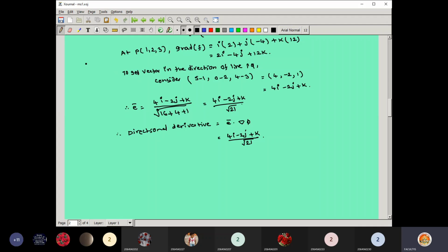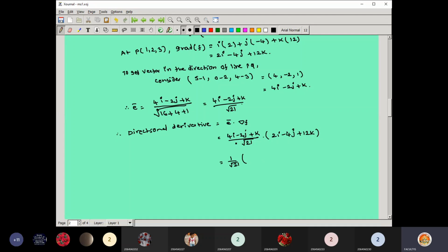It is not del phi here; since it was given in terms of f, don't use the phi symbol. Use del f, whatever is given. So we multiply del f, which is 2i minus 4j plus 12k. Now you just make the dot product, 1 divided by root 21.